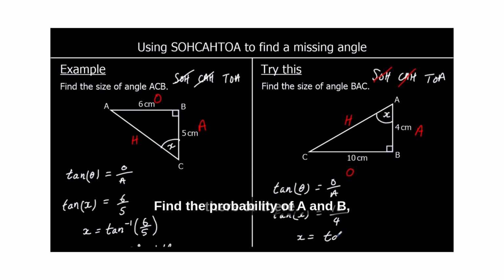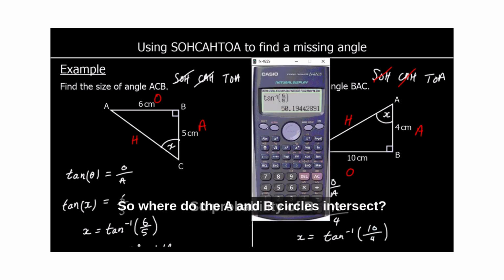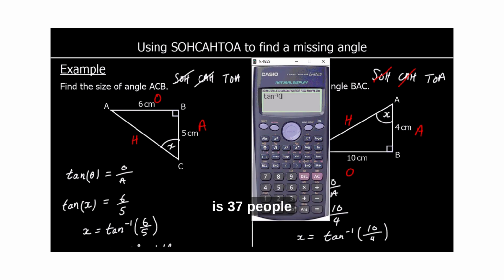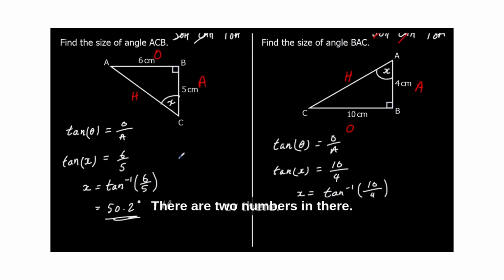So x will be shift tan 10 over 4, which we can type into the calculator. And that gives us 68.2 degrees to one decimal place.